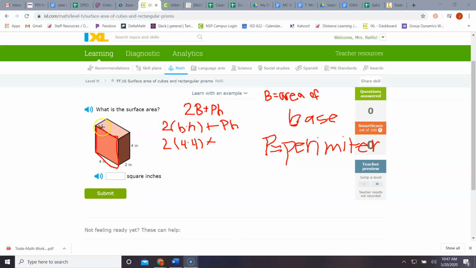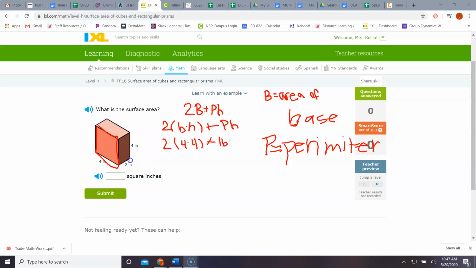Perimeter. I want to know the perimeter of this square. So if you recall, we find perimeter, which is the distance around the outside, just by adding up the sides. So in this case, we've got 4 plus 4 plus 4 plus 4, which is equal to 4 times 4, or 16. And then times our height of our entire shape.